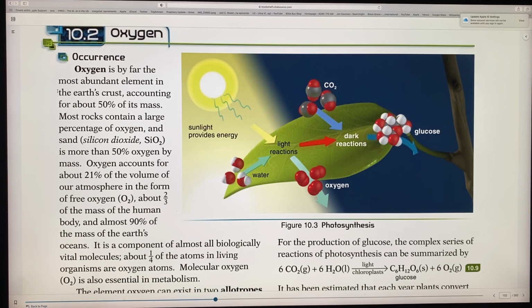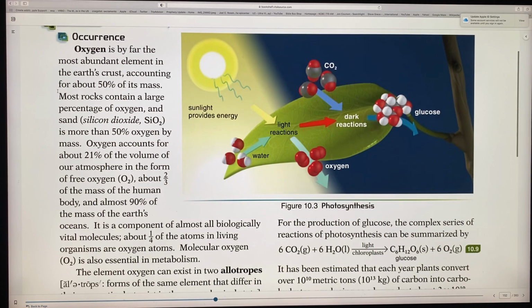So here's the equation for photosynthesis. I think it's important that you kind of know about that. You need 6 carbon dioxide and 6 molecules of water, 6 to 6. Then you have light, and the light comes in to process it. And then you get glucose and oxygen, right?